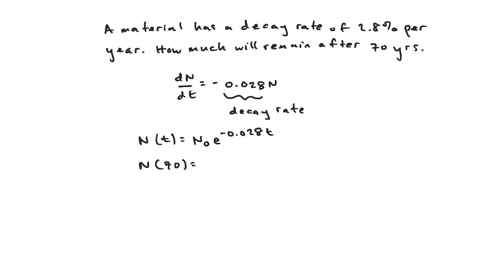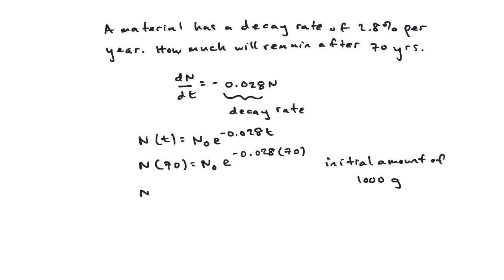So we have N of 70 is equal to N0 e to the minus 0.028 times 70. And let's say that we have an initial amount of 1,000 grams.